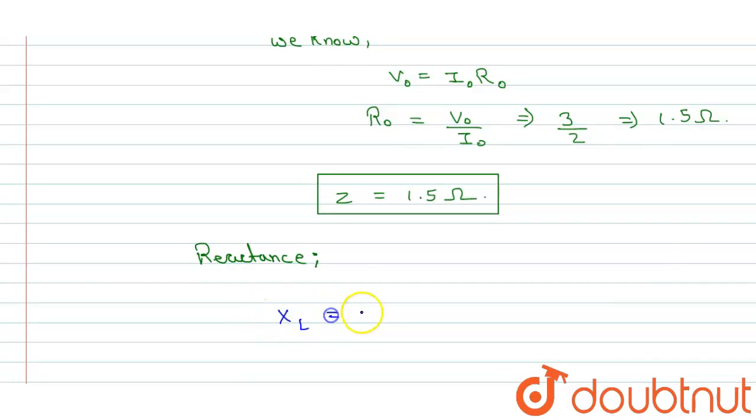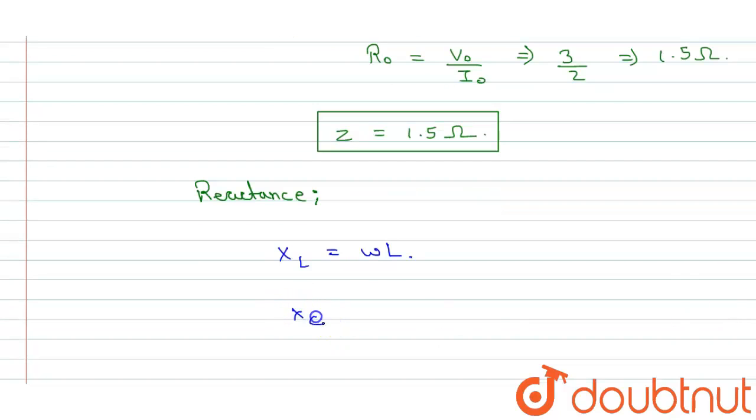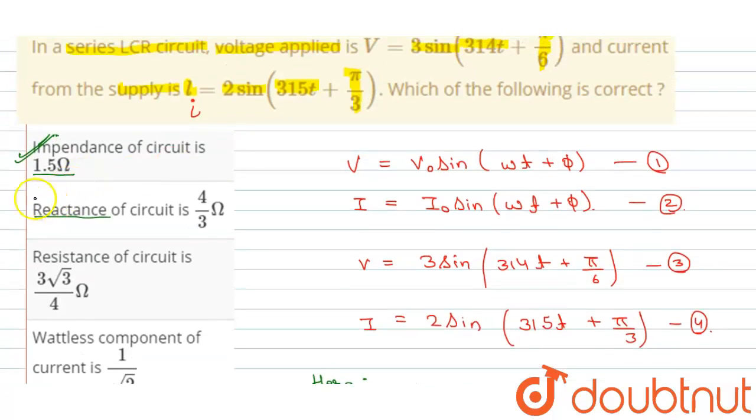Here XL is equal to omega L and XC is equal to 1 by omega C. In these equations the value of omega is given in the question, but we don't know the values of L and C. So we cannot calculate the reactance, and we can't say anything about the reactance of the circuit. So this option is wrong.